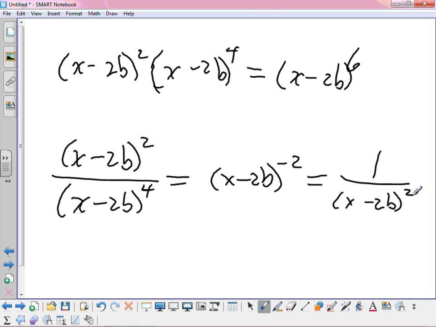Now, the top one and the final form of the bottom one, you might be tempted to multiply out to get some long polynomial. I guess the bottom one isn't too bad, it's a square. In general, it's not a good idea to multiply out factors unless you have to, because factored form is always better.